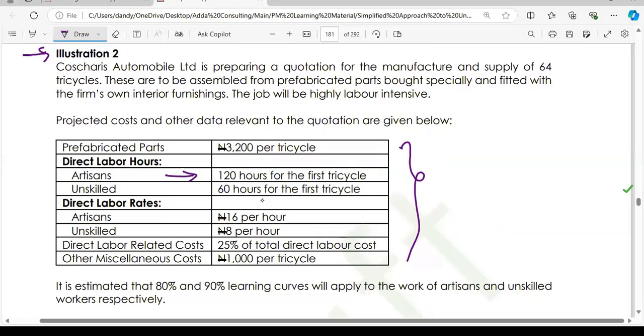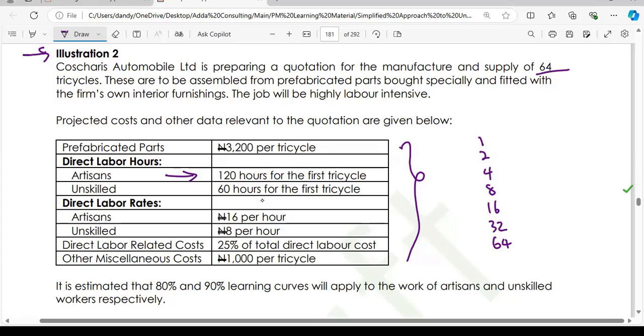The company spent 120 hours to produce it. And I want to produce 64 tricycles. Is it possible for me to double 1 to 64? Yes, I can double 1 to 64 because 1 can double to 2, 2 to 4, 4 to 8, 8 to 16, 16 to 32, 32 to 64. So I can use the tabular method to achieve this. The required output, don't forget, is the 64 tricycles.